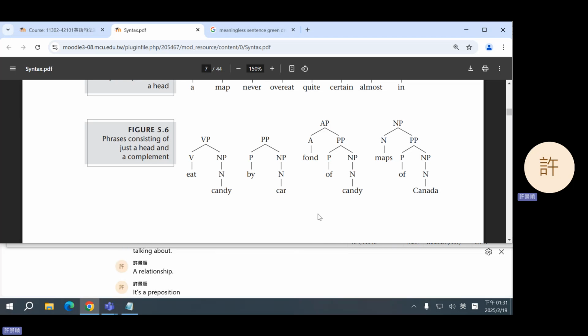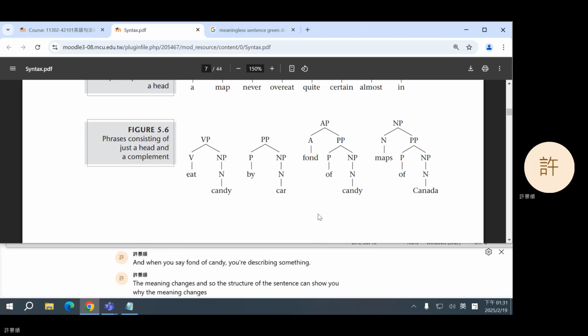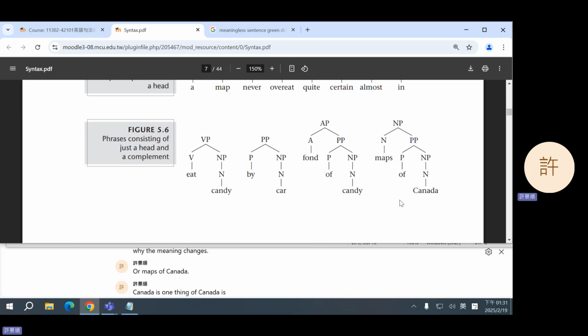And when you say fond of candy, you're describing something. The meaning changes. And so the structure of the sentence can show you why the meaning changes. Or maps of Canada. Canada is one thing, of Canada is another thing, and maps of Canada is a third thing. And the structure keeps building to show you that the meaning is changing.